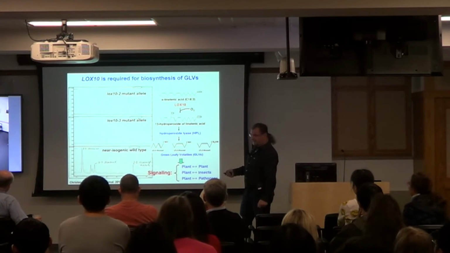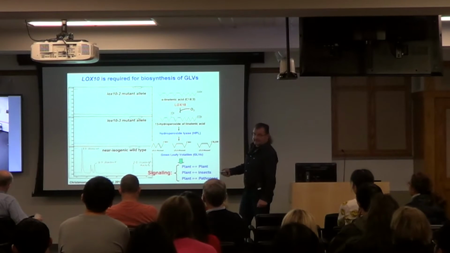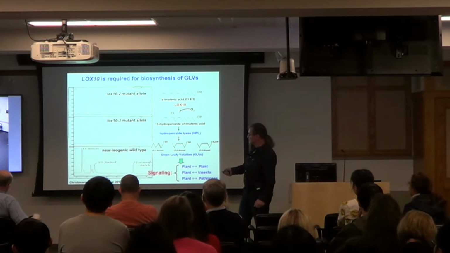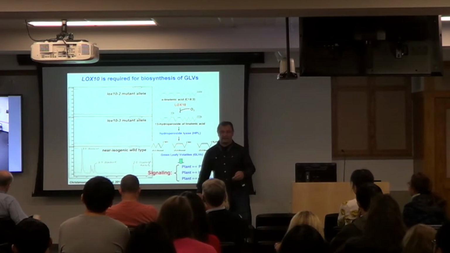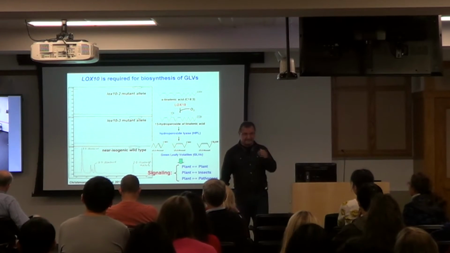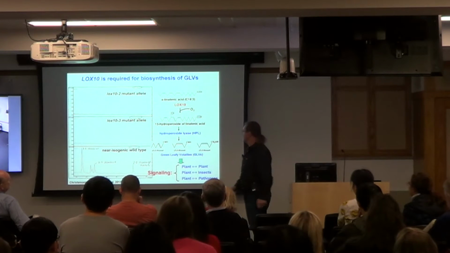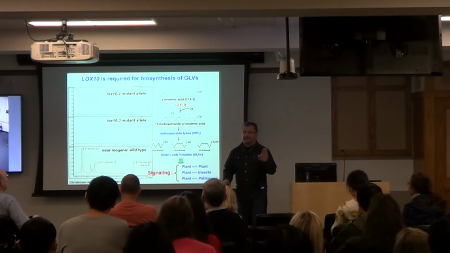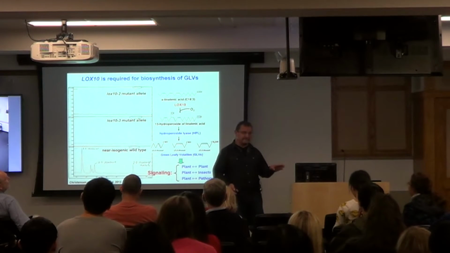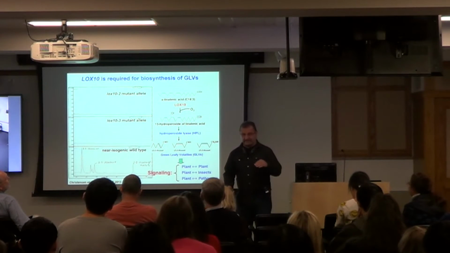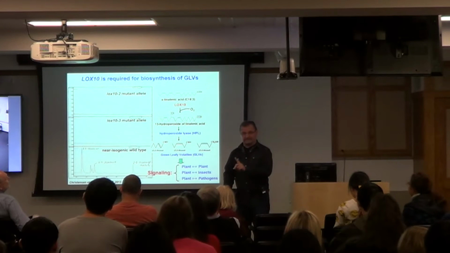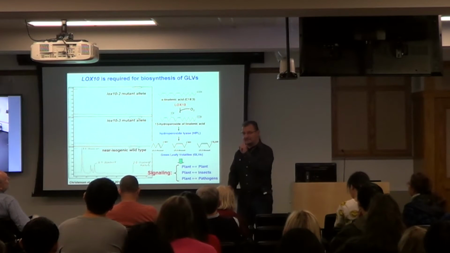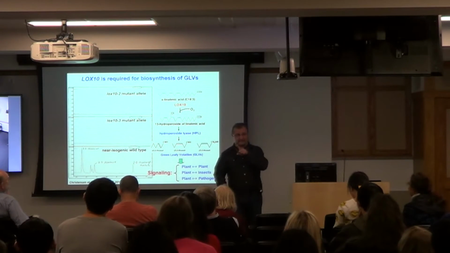When you wound a leaf of wild type, you see a spike in the emission of these volatiles: Z3 hexenol, Z3 hexenal, hexenyl acetate, all of them go up, but you cannot identify any traces of these volatiles in LOX10 mutants, suggesting LOX10 is the only gene required for GLV. I wonder now whether GLV have anything to do with making plants susceptible to Aspergillus flavus and to contamination with flavus.